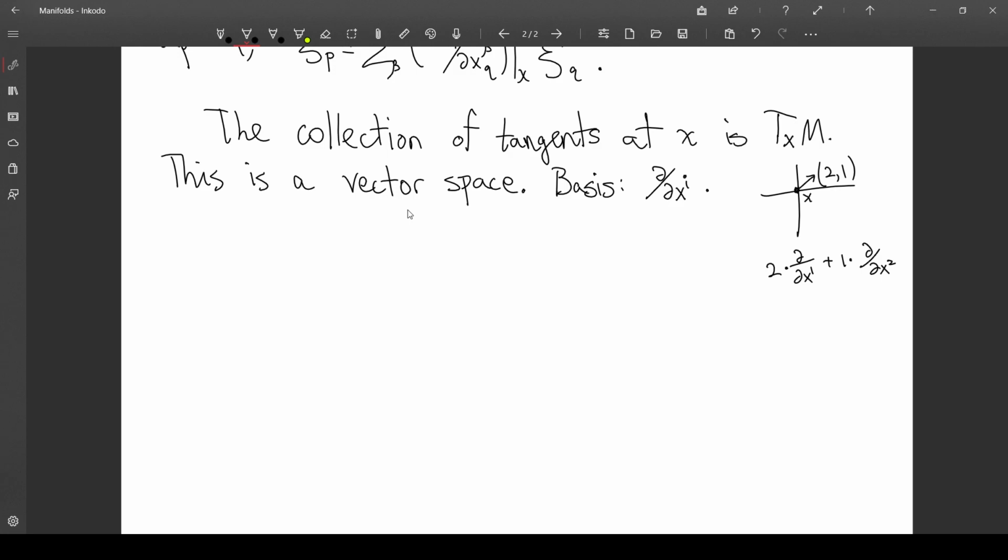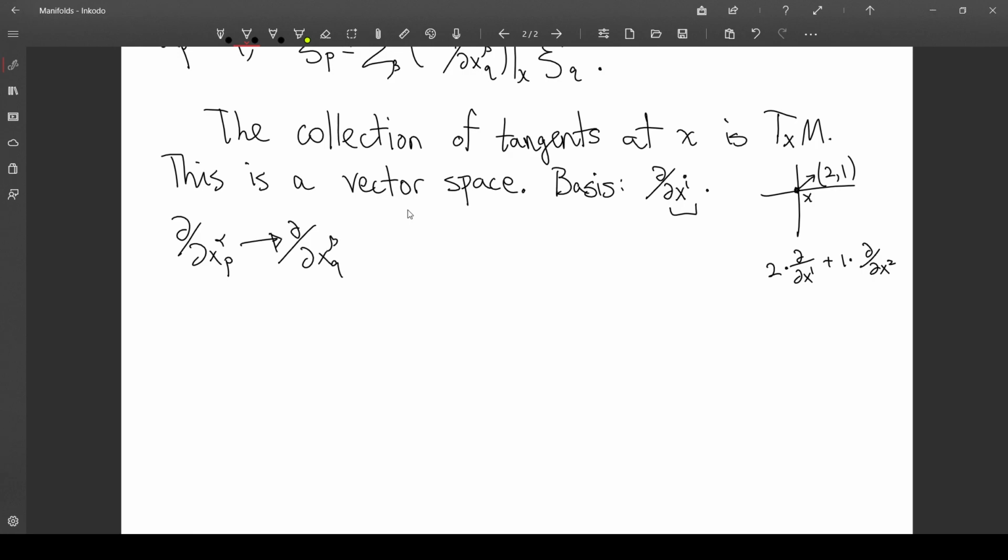And so because our basis is the partial derivatives, which are coordinate specific, this is why we get different results if we are looking at one chart versus the other.